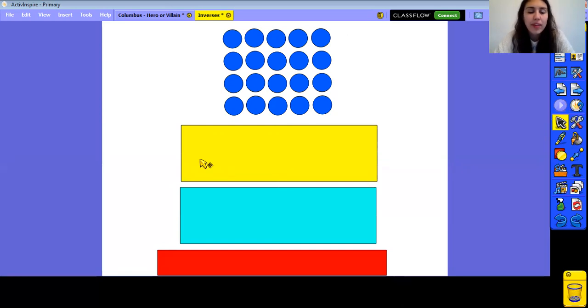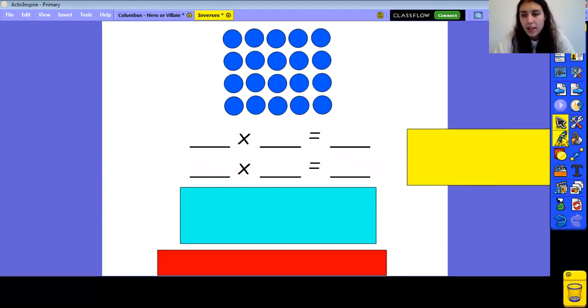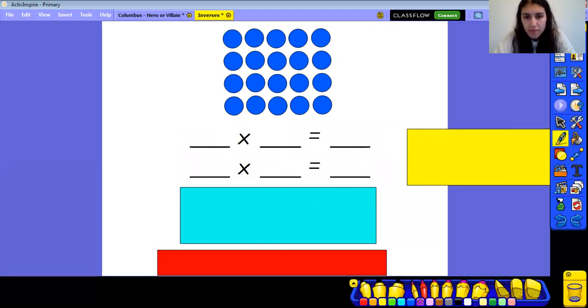So let's start off with our multiplication. I'm going to group them going down this way. There we go. I'm going to say I've got 1 group of 4.